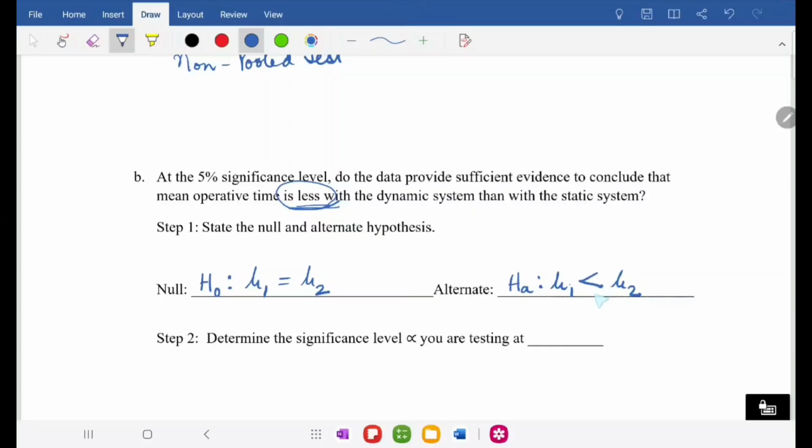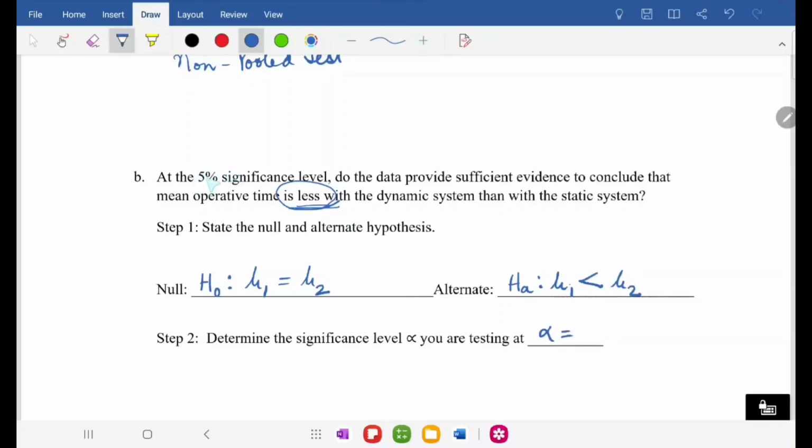So to figure out how the alternate hypothesis should be stated, you have to go back to your question, all right, and find there from the verbiage whether it's going to be less than or greater than or different, which is not equal to, all right.